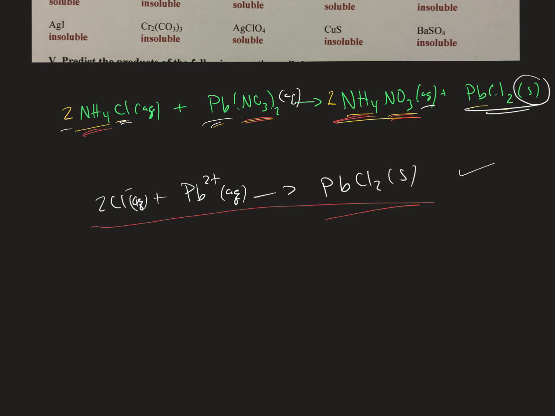There's only one table salt, and that's sodium chloride. Sea salt is sodium chloride. Road salt's not sodium chloride. Calcium chloride, I believe.